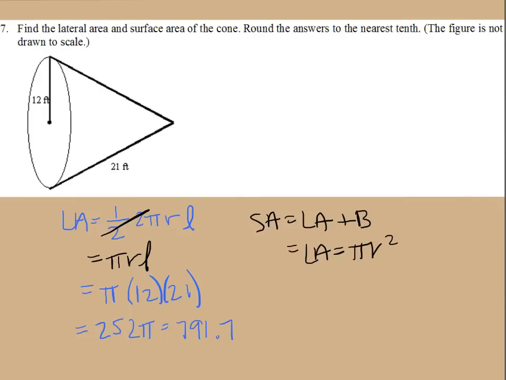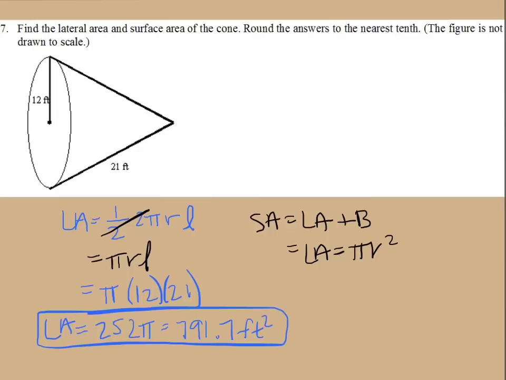And my units are feet squared. So that's my lateral area. And then I'm going to plug that in over here on my surface area formula.